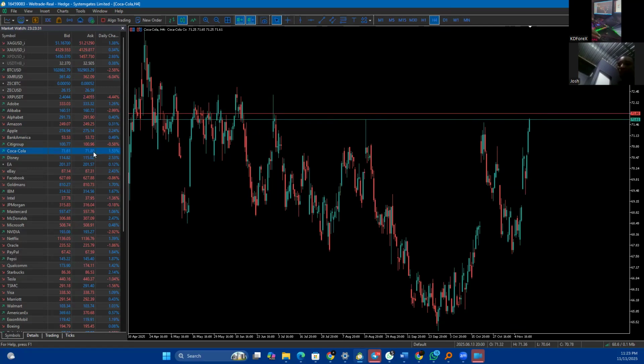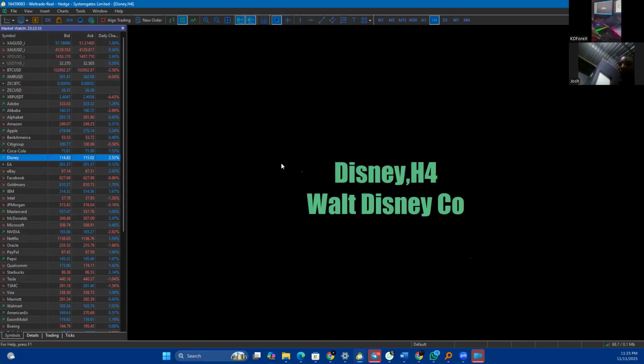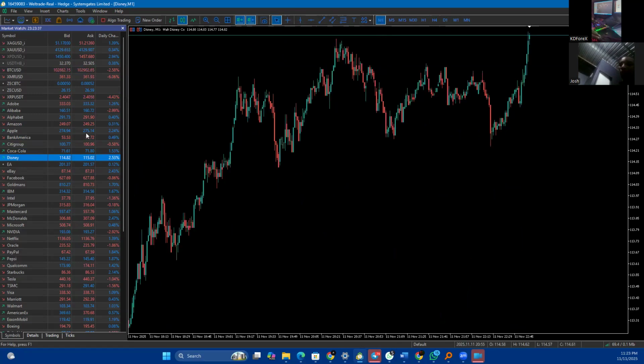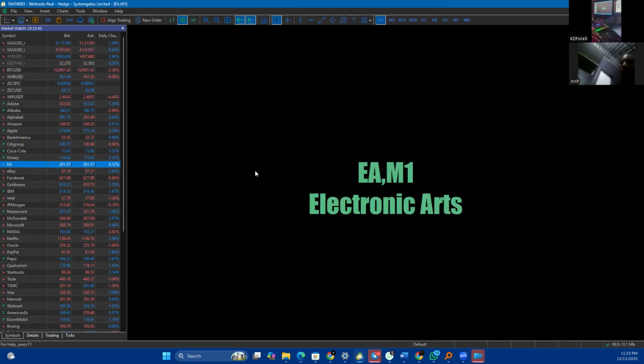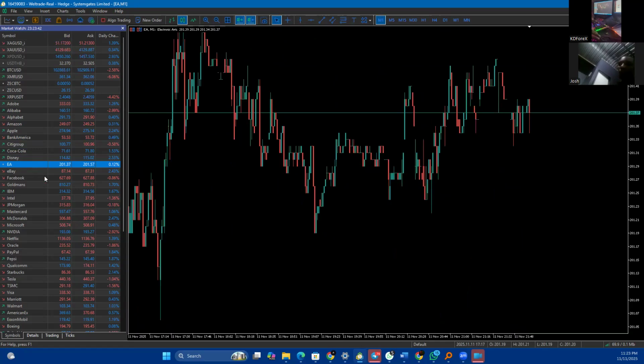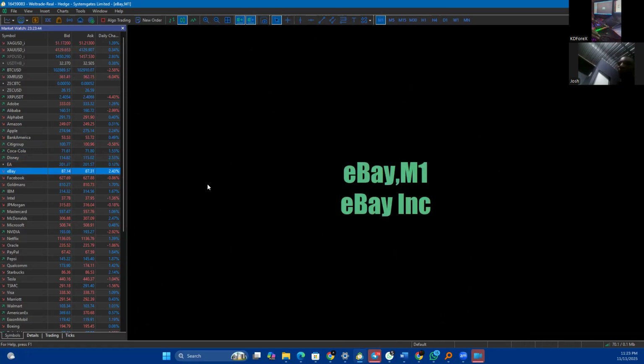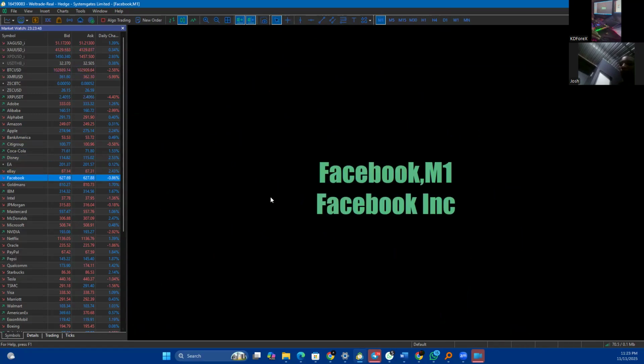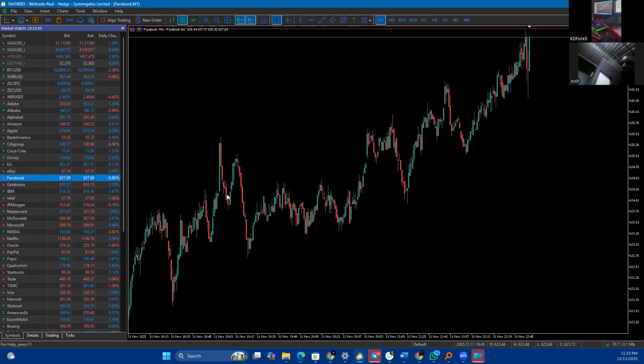Disney is also something else. Some of these are for big corporate companies. EA, eBay, these are for big corporate companies. It's not for us, retail traders.